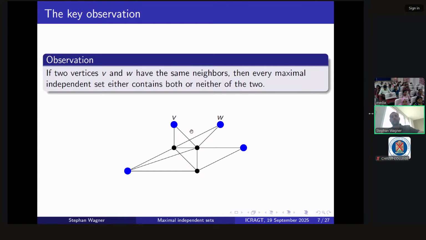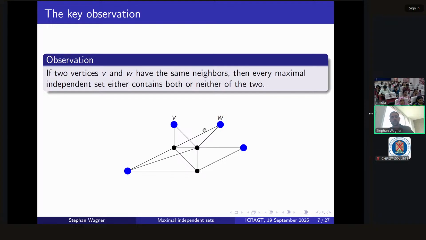So if two vertices have the exact same neighbors, then every maximal independent set either contains both of them or neither of the two. And so whether or not we include W is really irrelevant for the number of maximal independent sets.